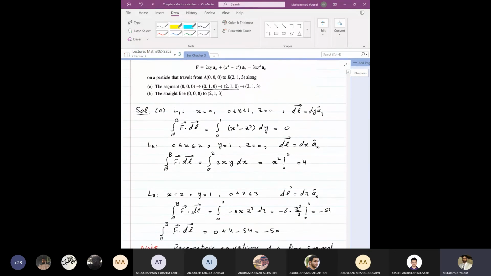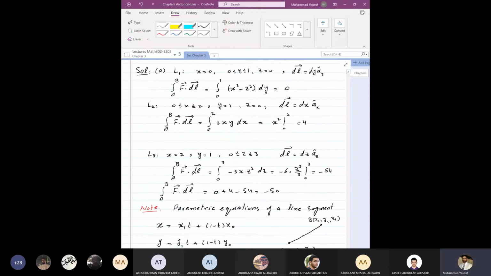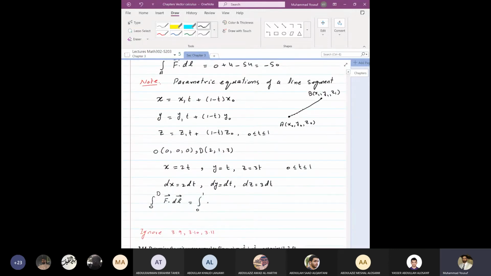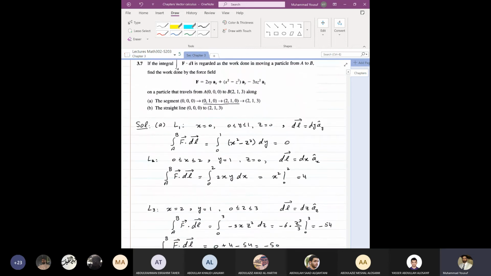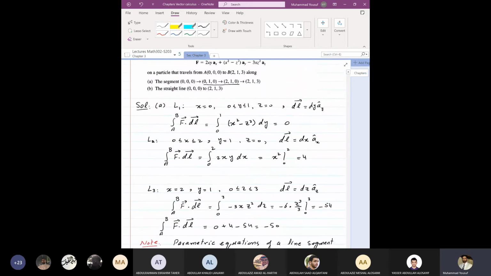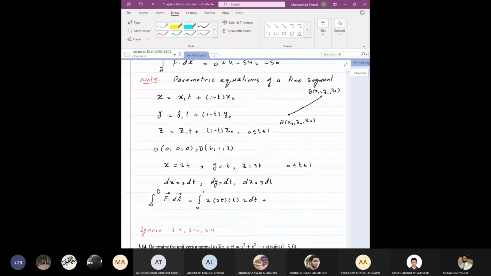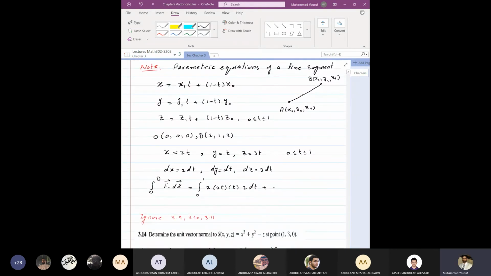2xy, 2 multiplied by x multiplied by y. So 2 multiplied by x, which is 2t, multiplied by y, which is t, dx, which is equal to 2 dt, plus the next thing, x square minus z square. x square is 4t square, z square is 9t square.